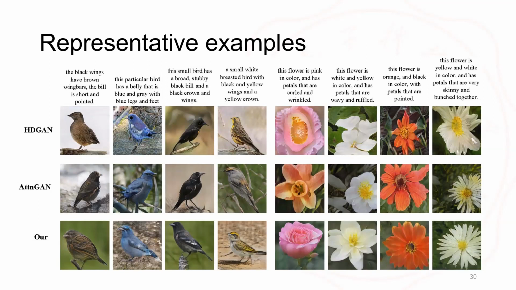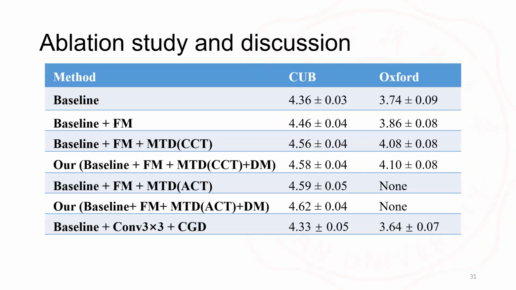To further demonstrate the effectiveness of each component, we perform some ablation experiments. Here are the results. The results demonstrate that each component in our model is indispensable. About the forgetting mechanism, based on the baseline, it improved Inception Score by over 1% on CUB, and resulted in over 3% improvement on Oxford.